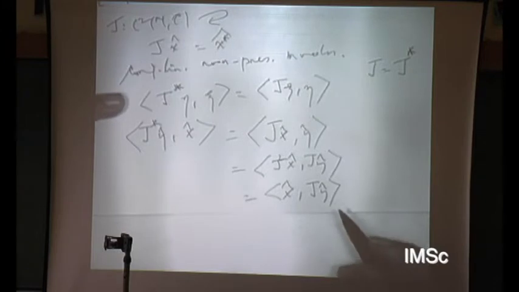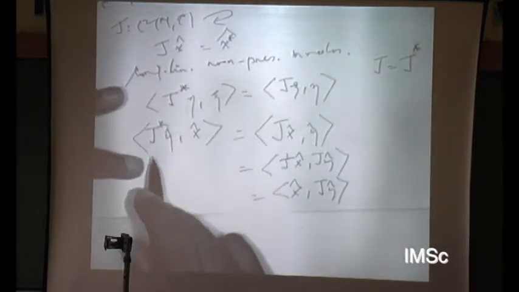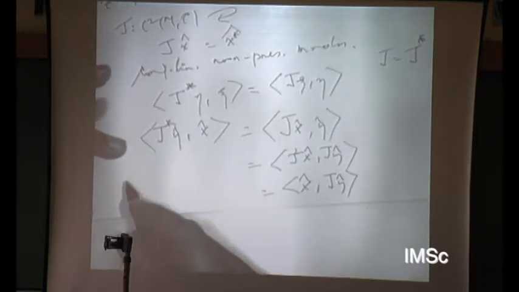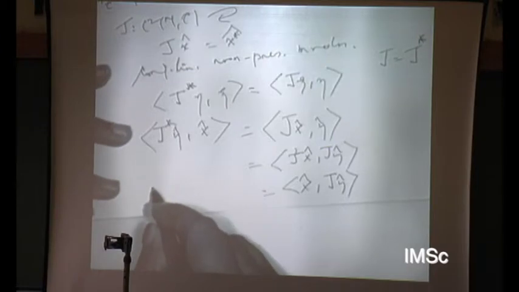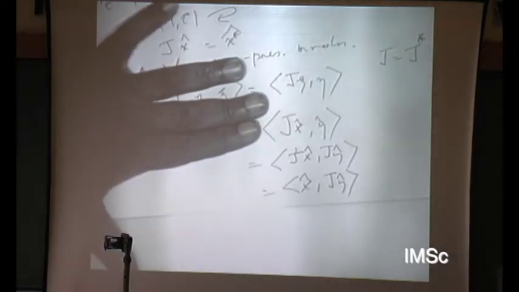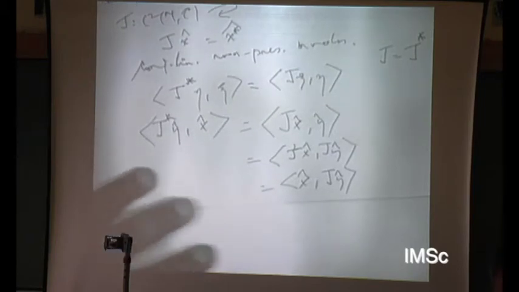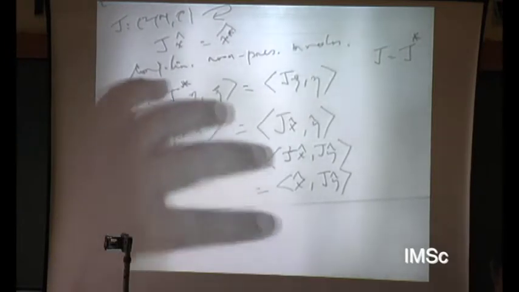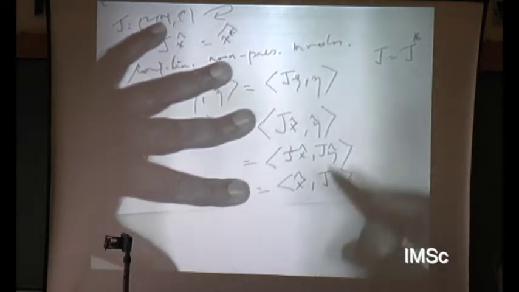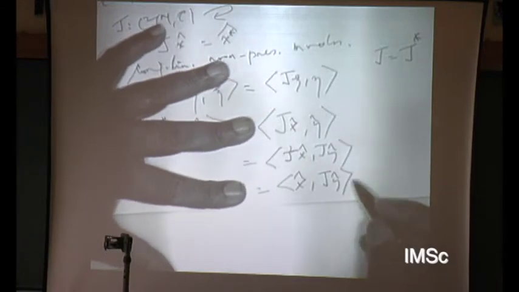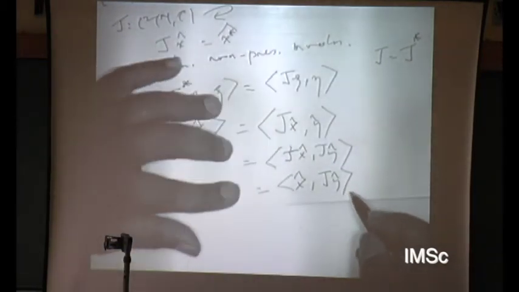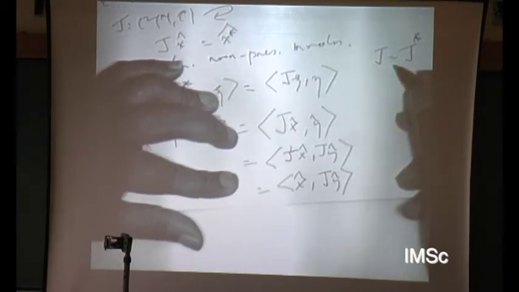Let me start the other way. Let me start with the inner product of J x hat with y hat, which equals the inner product of x hat with J y hat. This equation tells you, because the adjoint equation defines the adjoint uniquely when the things are bounded operators, that J equals J star.